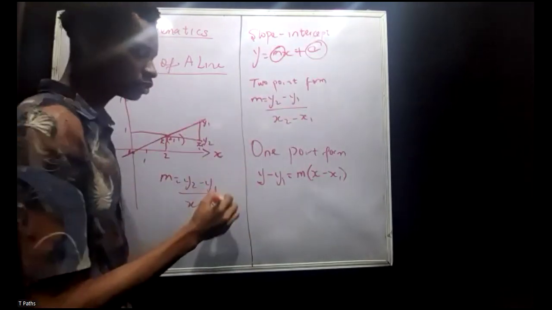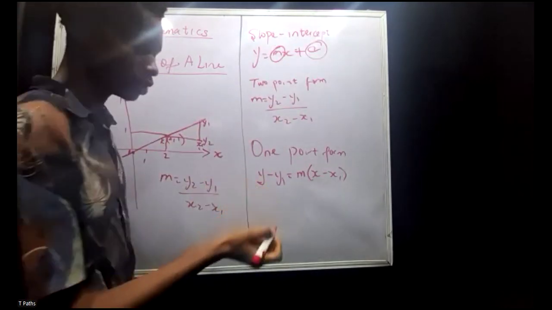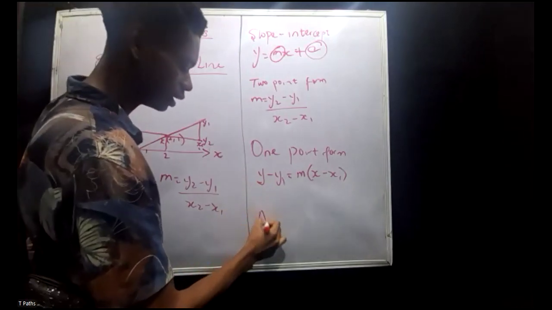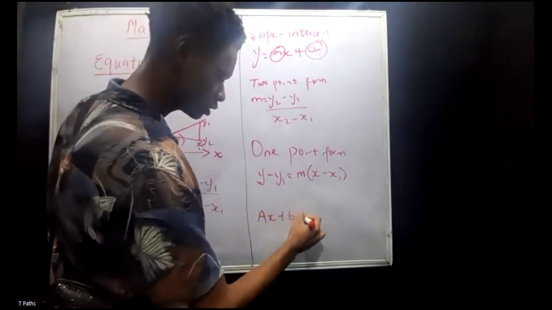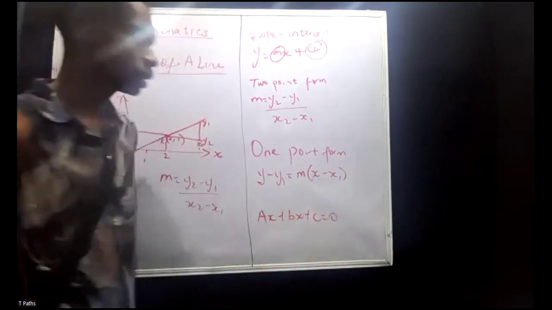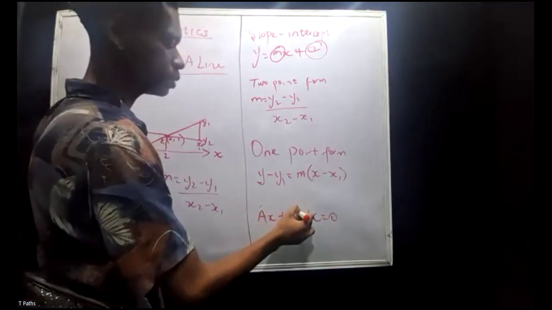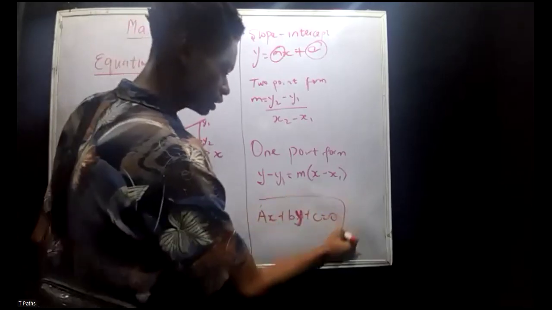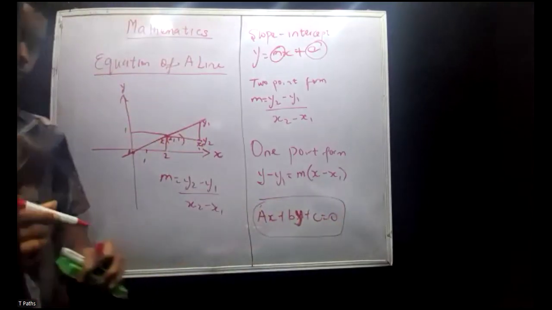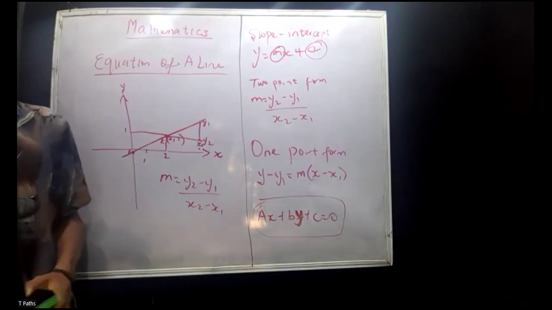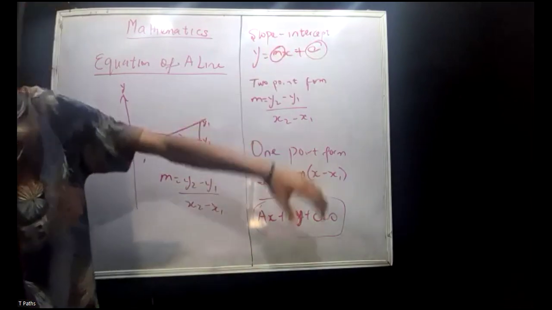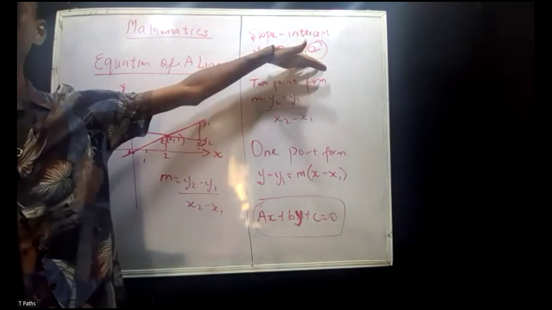The last one is the general form of equations of the line, which is ax plus by plus c equals 0. So this is the general form of equations of a line. So we have 4 equations written right here. The slope-intercept, y equals mx plus c.